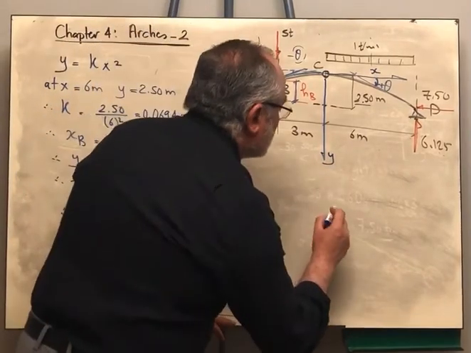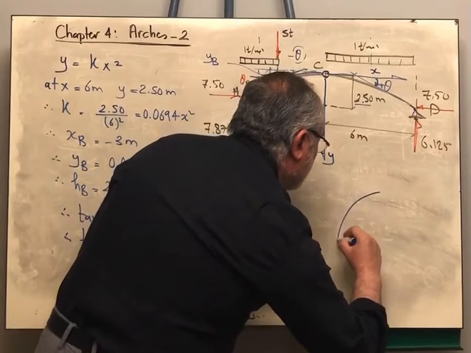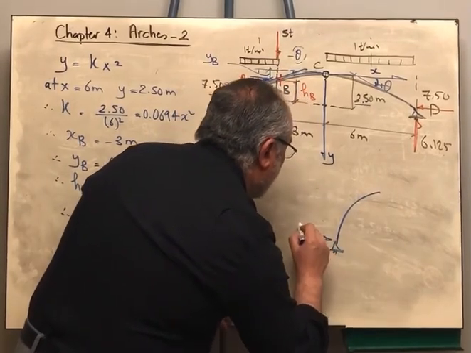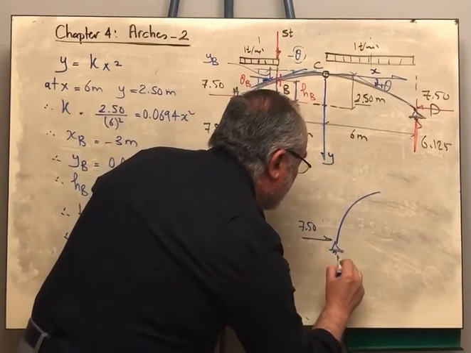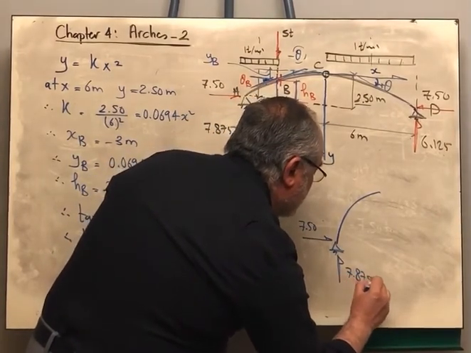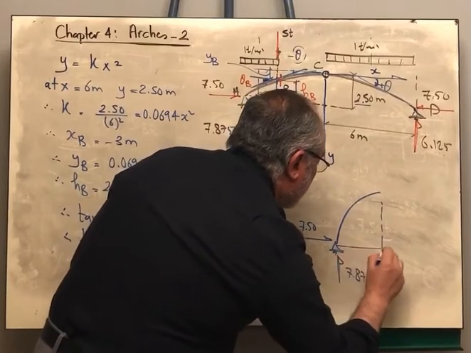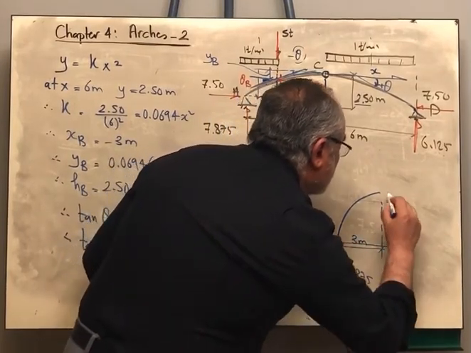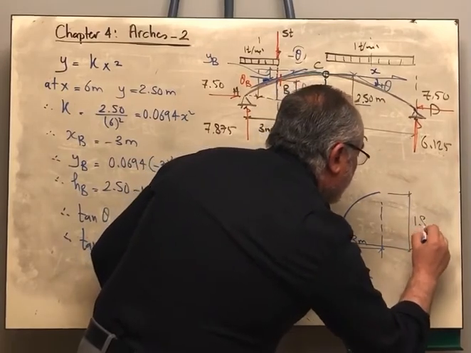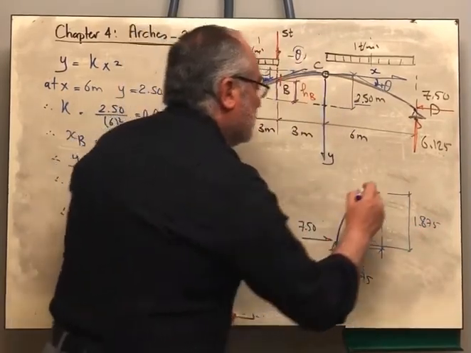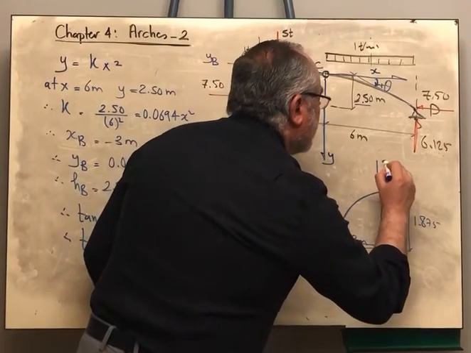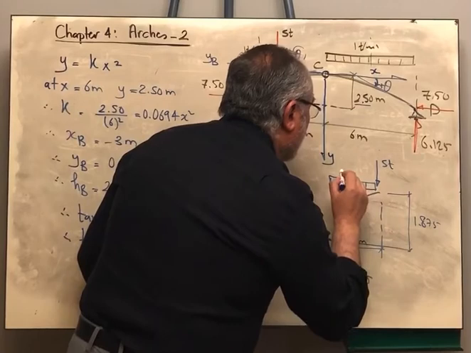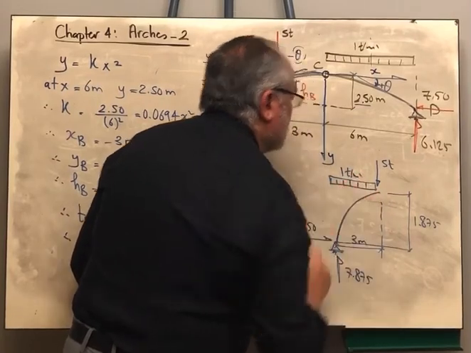I will draw my section here. Here we have 7.5 and this is 7.875. This distance here is 3 meters and this distance is 1.875. We have a 5-ton force and we have a distributed load of 1 ton per meter.